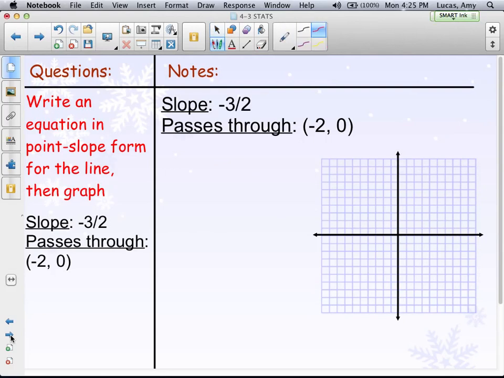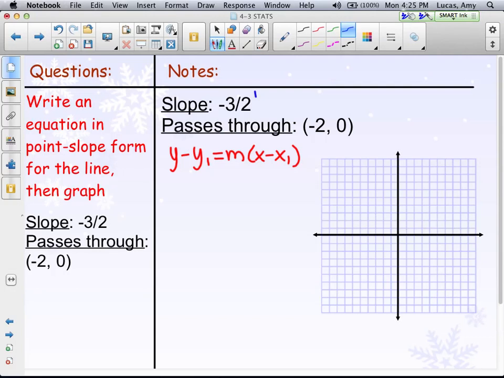Next one. So example number 3, point slope form. My slope is m and x1, y1. Keep the first y, keep the first x. So y minus y1 is 0.